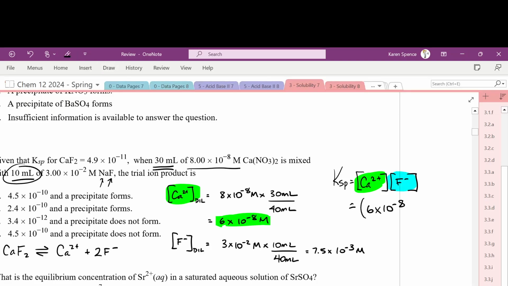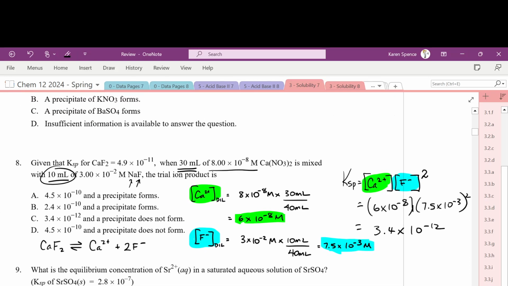And the concentration of fluoride is 7.5 times 10 to the minus 3. I forgot a square here. Sorry about that. That should be squared. So that's going to be 7.5 times 10 to the minus 3 squared. And we get 6e negative 8 times 7.5e negative 3 squared equals, I get 3.4 times 10 to the negative 12.